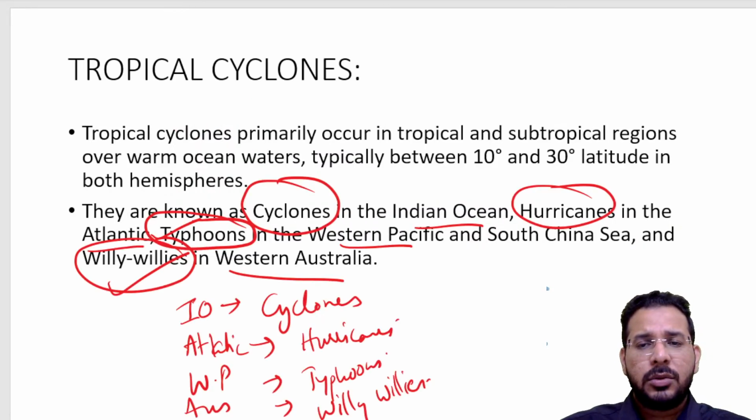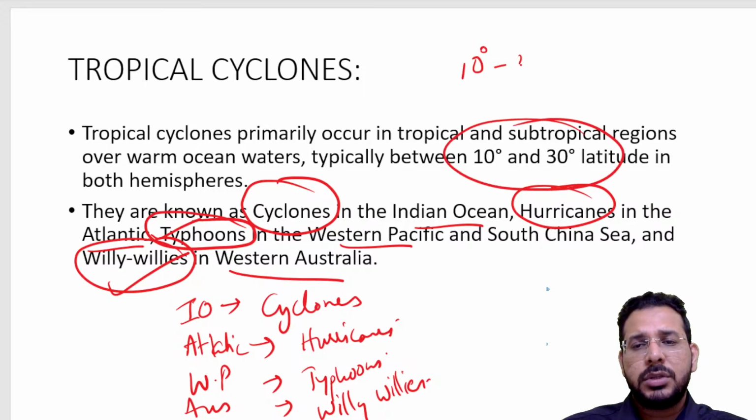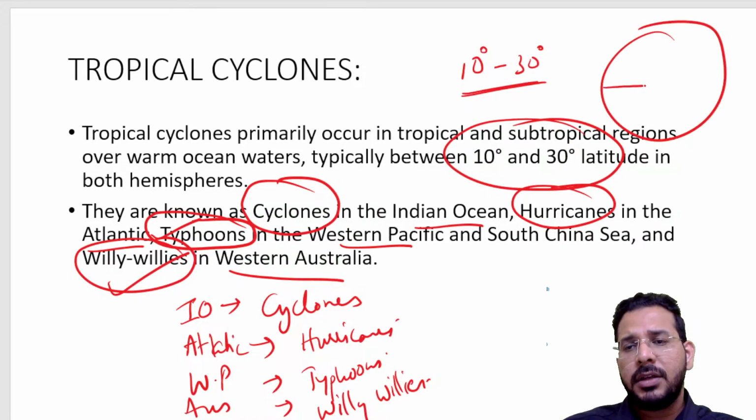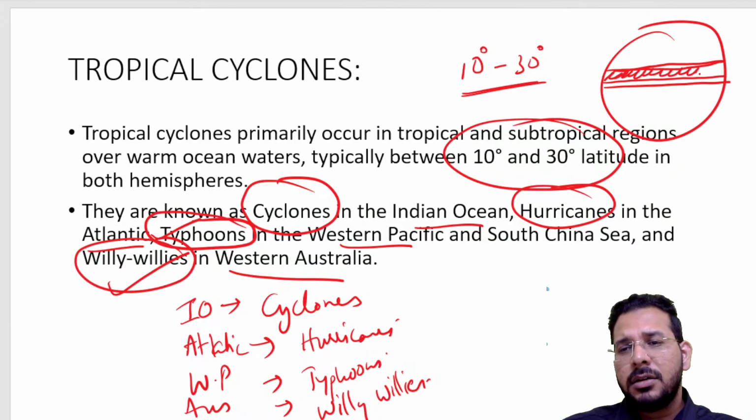So tropical cyclones occur between 10 degrees latitude to 30 degrees latitude. If this is our globe, the equator is 0 degrees. So from 10 degrees to 30 degrees, in this region, we see tropical cyclones.